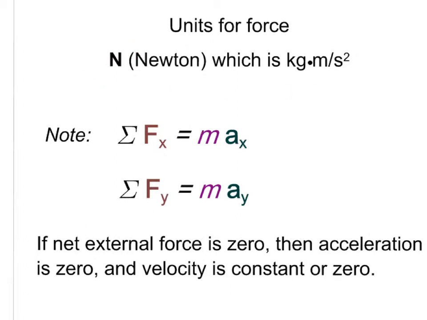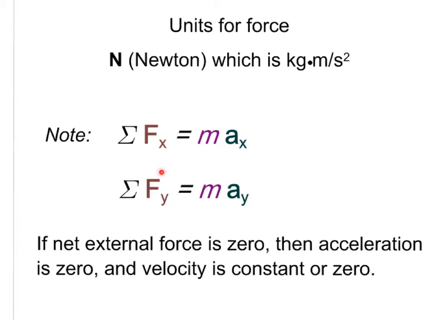And a little note here when solving problems, sometimes it's easier to break the equation for Newton's second law into components. Remember, the sum of the net force is equal to the mass times the acceleration. If we're breaking that down into components, the sum of the force in the x direction is going to be equal to the mass times the acceleration in the x direction.